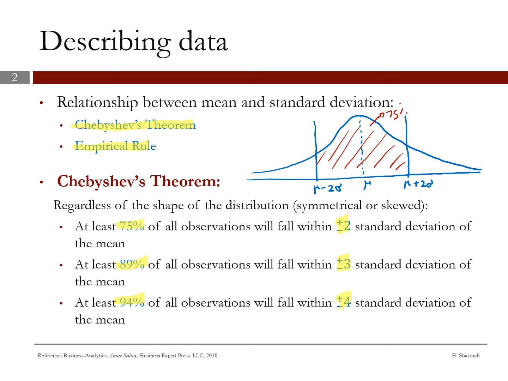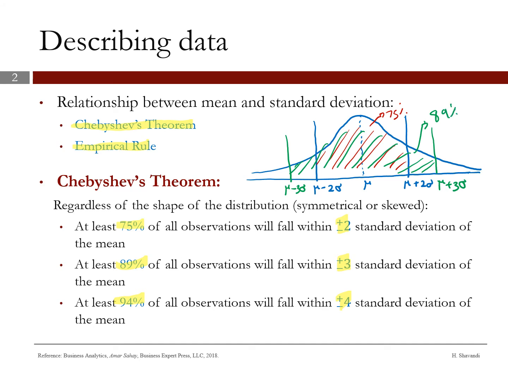And for 3 sigma, here is mu minus 3 sigma, and here is mu plus 3 sigma. The probability for this range would be 89%.